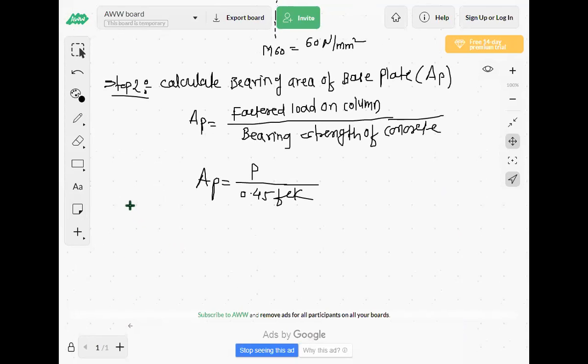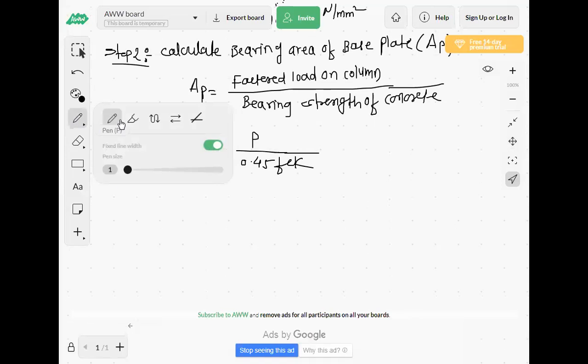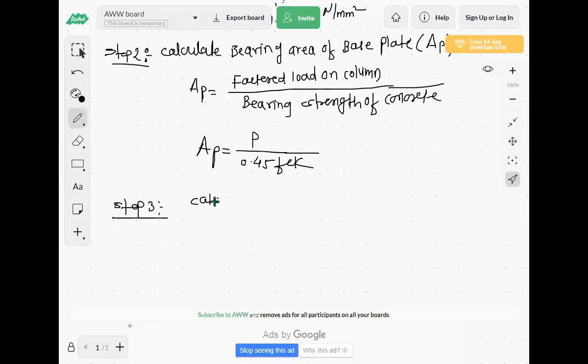Now step 3: calculate or select the size of base plate.